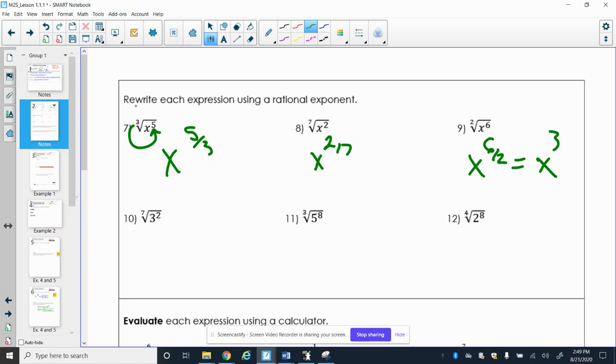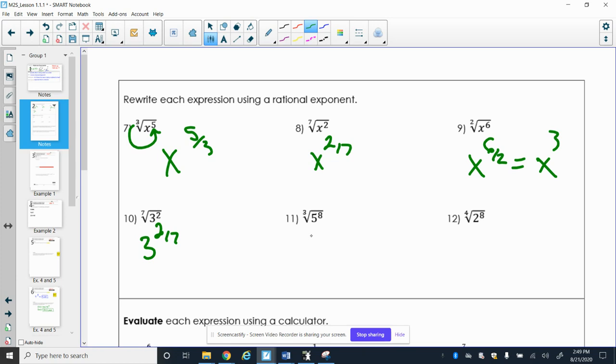Since our directions just say rewrite each expression using a rational exponent here, as our base becomes a number, that's not really going to change things much. So the 7 can come to the bottom, 3 to the 2 over 7 power. It just said rewrite, so that would be all we would do. If it said to evaluate, the word evaluate means get your answer down to just a number. That would be different directions. We could actually use the calculator to find that.